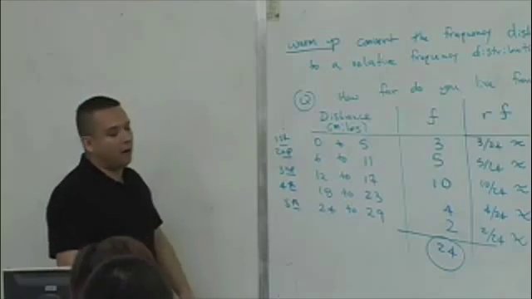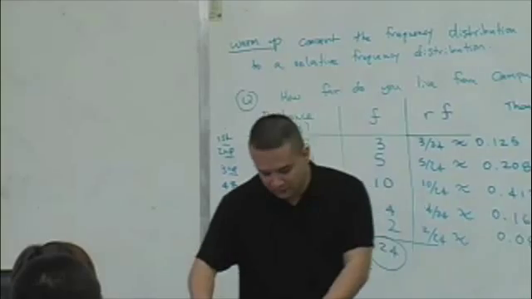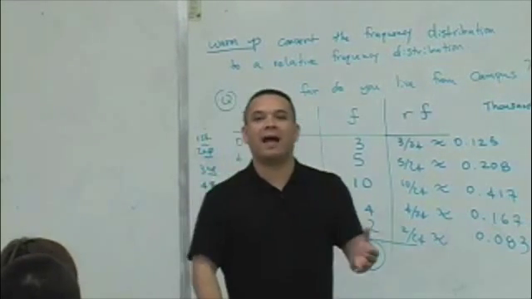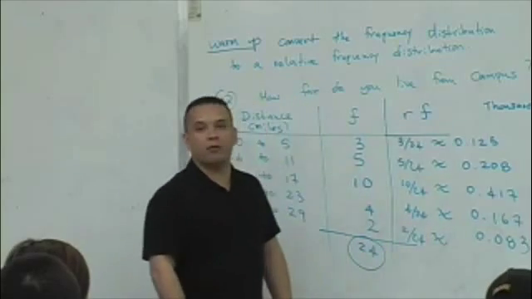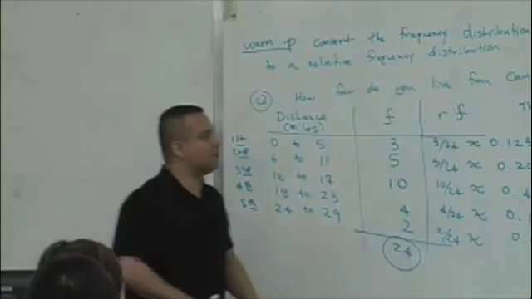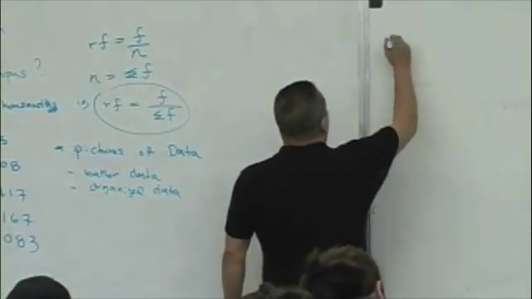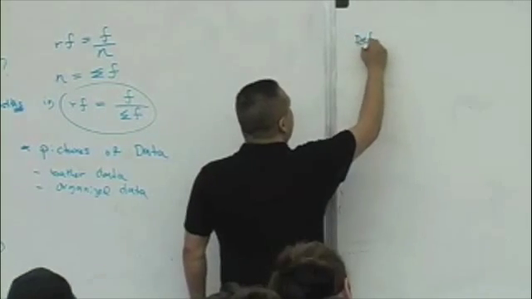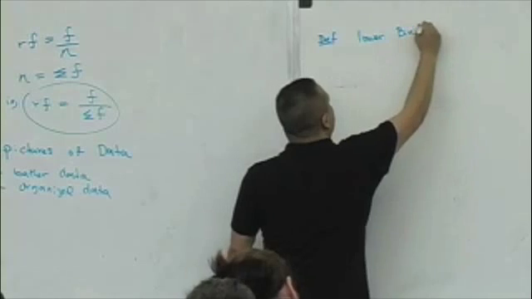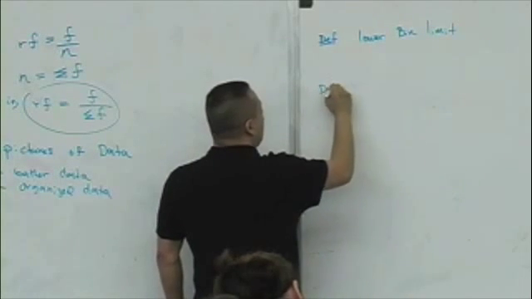Okay, so you're going to look in your book and they may have a slightly different definition because they might have replaced some of the language with class or group or interval. Okay, but I'm going to define for you here. This is now definitions in regards to bins. I'm going to define for you two things: the lower bin limit and the upper bin limit.